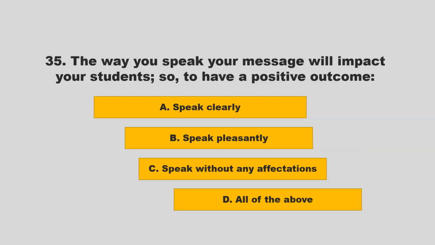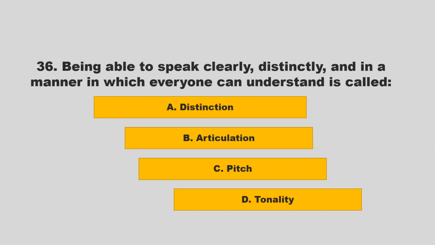The way you speak your message will impact your students. So to have a positive outcome, speak clearly, speak pleasantly, speak without any affectations, all of the above. If you chose D, all of the above, you are correct.